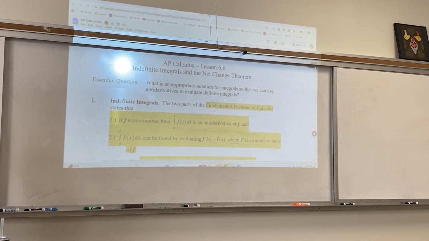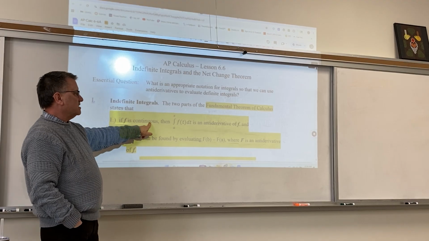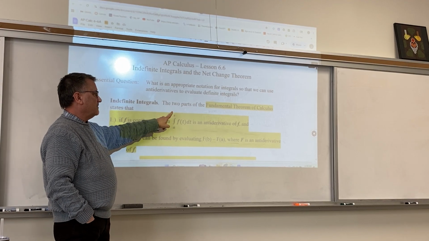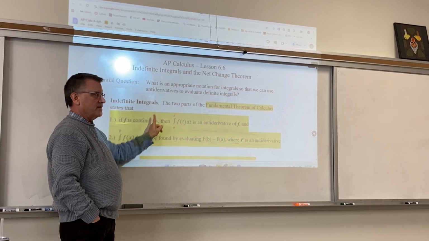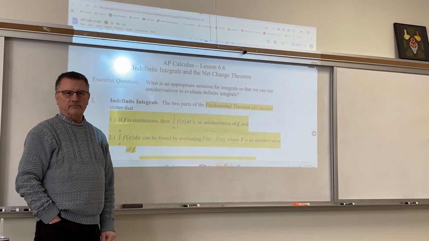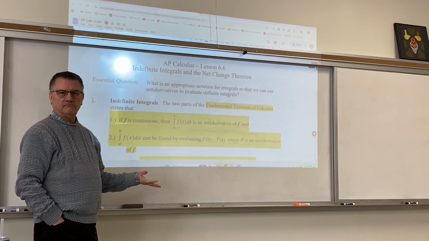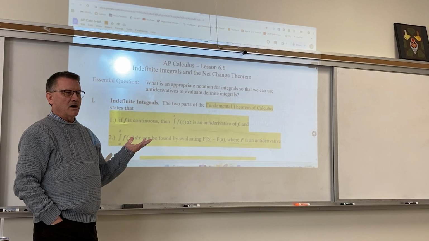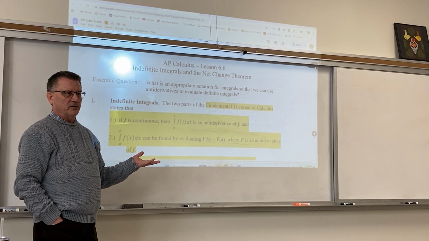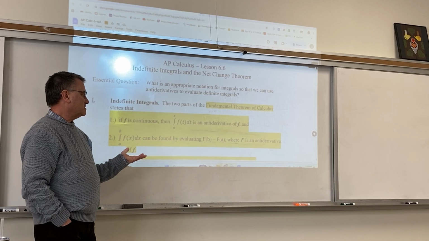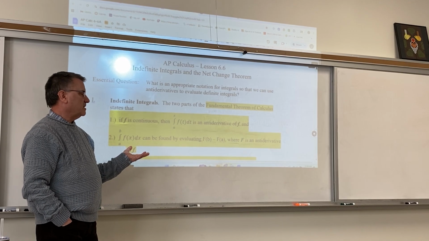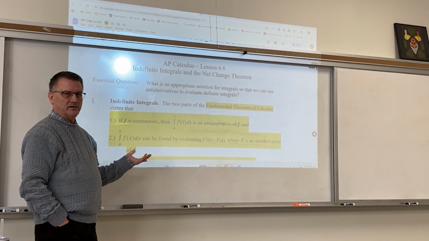Okay. We now know the fundamental theorem of calculus, which has two parts to it. If the function's continuous, then if I take the integral of that function, I get the antiderivative. Also, the way you can check this is if you take the derivative of it, you should get that back.